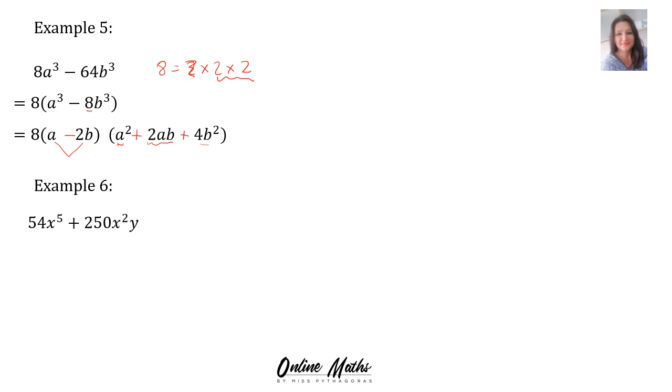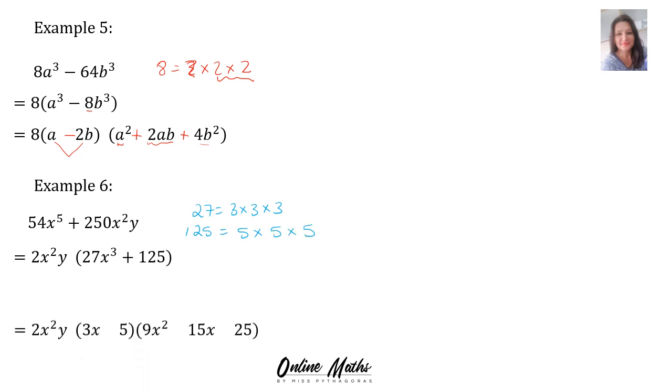Example 6. Again, factorize, but before you factorize, check for a common factor. And there is one, indeed, 2x squared y. Then your bracket there is the sum of 2 cubes. So 27 is the same as 3 times 3 times 3, and 125 is the same as 5 times 5 times 5.